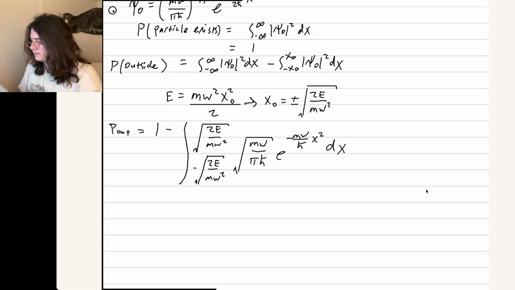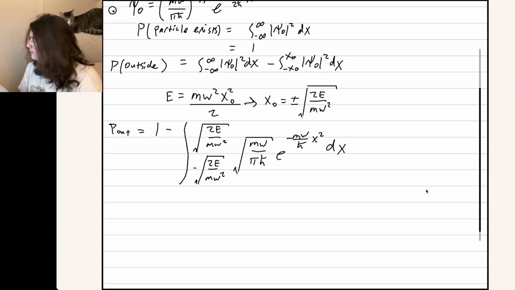All right, that'll give you the probability that the particle practically tunnels through the wall.